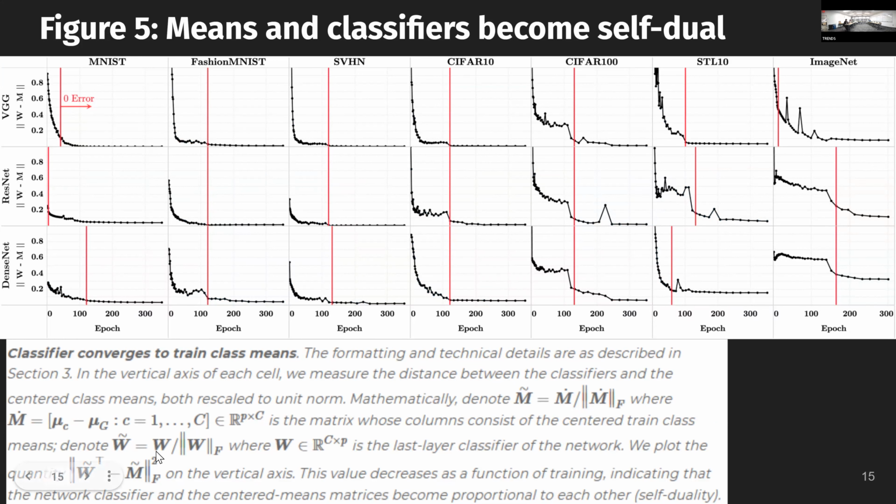Yeah, M hat. Every single thing you can put on a piece of notation, you've got to put it there somewhere. And then W is the weights, and they're just looking at the norm distance between these weights, showing that these do indeed converge to something up to a scaling. So quite interesting.